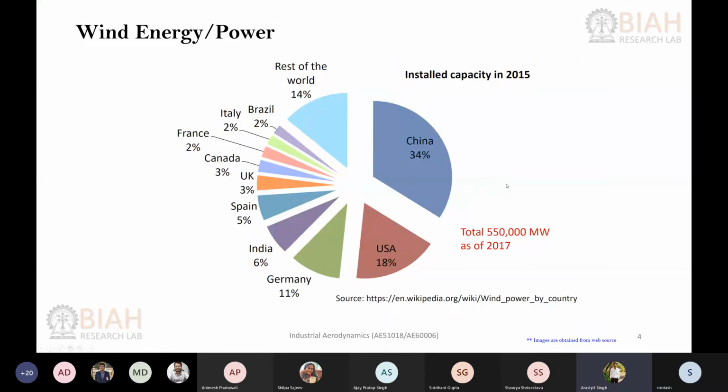Sir, China using the wind power, is it because they have more technology, or due to their location or terrain? Yes, there are various reasons behind it. Technology-wise, they are quite advanced. You can see that they are working in almost every area.